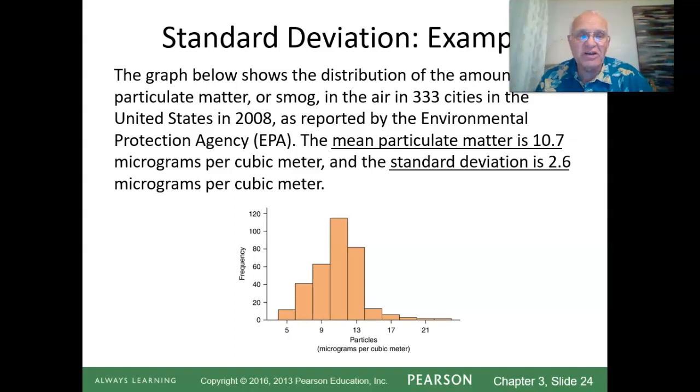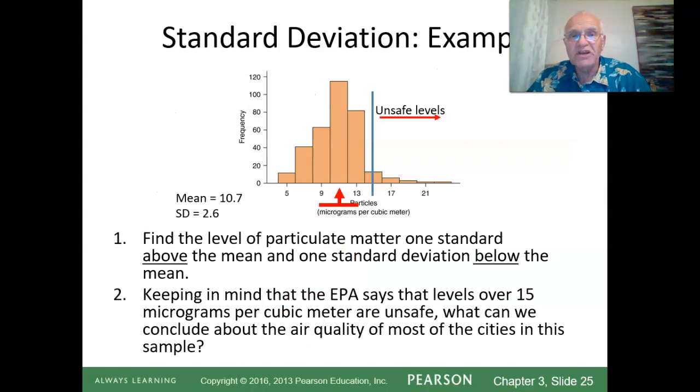So all of these are in the same units. The mean is in micrograms per cubic meter. It's measuring how much of this particulate matter is in the air, and then how much variability there is from city to city, and the standard deviation measures that. Now, one other piece of information here is, let's just go one standard deviation above and below the mean.